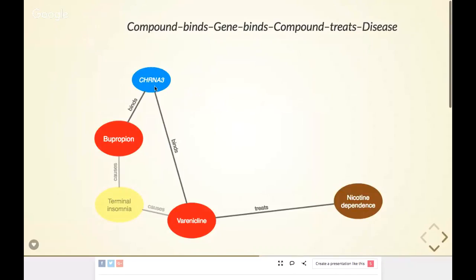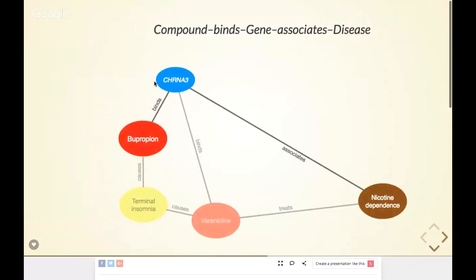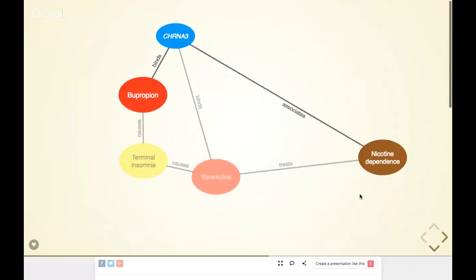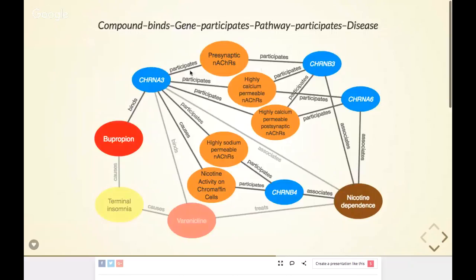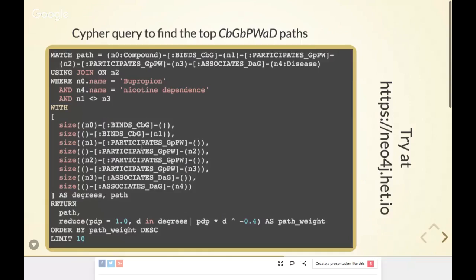They both bind to this CHRNA3 gene, and this gene happens to have been found in a genetic association study to be associated with nicotine dependence. In addition, this gene participates in a lot of pathways where other nicotine or smoking associated genes participate. So these are the top 10 paths that our approach identifies as why we think bupropion will treat nicotine dependence.